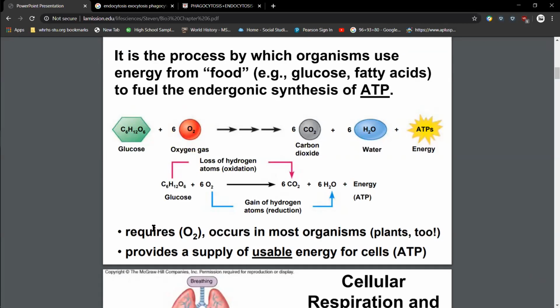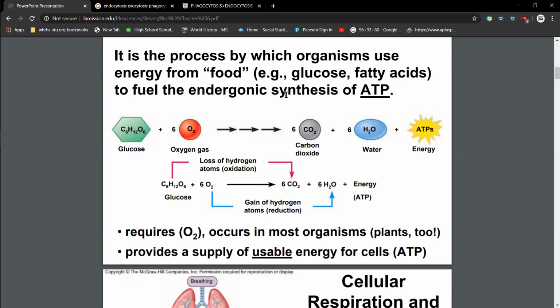An important thing is that cell respiration requires oxygen. Another really important thing is that plant cells also have cell respiration. If you remember, we said plant cells had chloroplasts, in which they took the sun's energy and built back sugars.